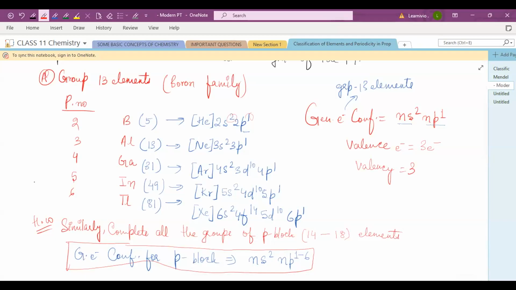Got it? And the mnemonic for this is BAGIT, which I already told you. Accordingly, just remember the elements according to the group.